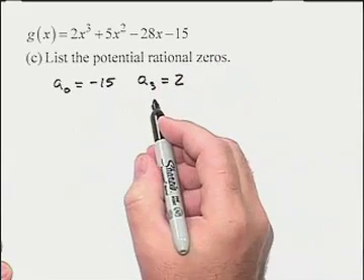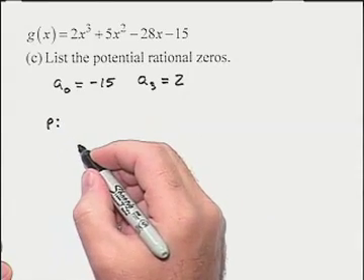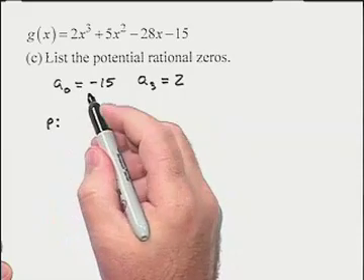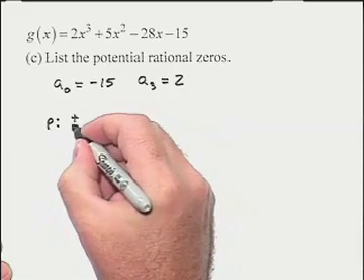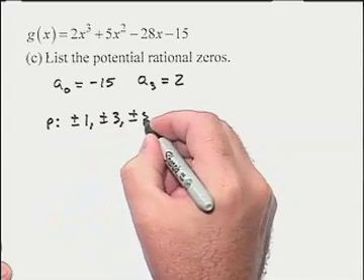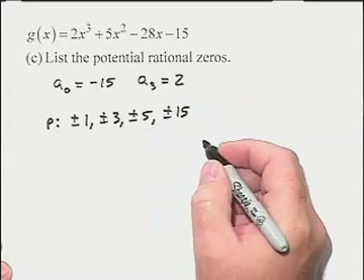To find the potential rational zeros, we first find the values for p, the integers p, that are factors of a sub 0. So we'll get p is plus or minus 1, plus or minus 3, plus or minus 5, and plus or minus 15.